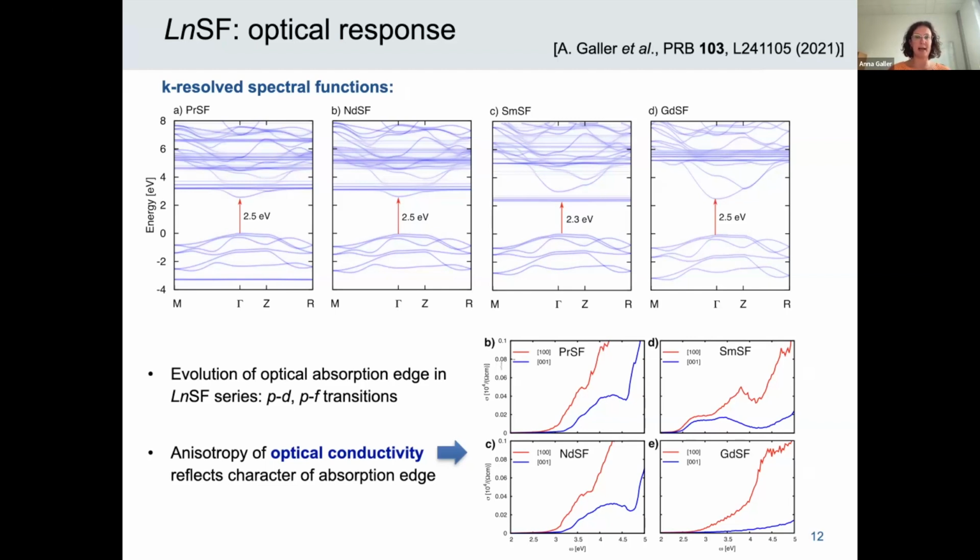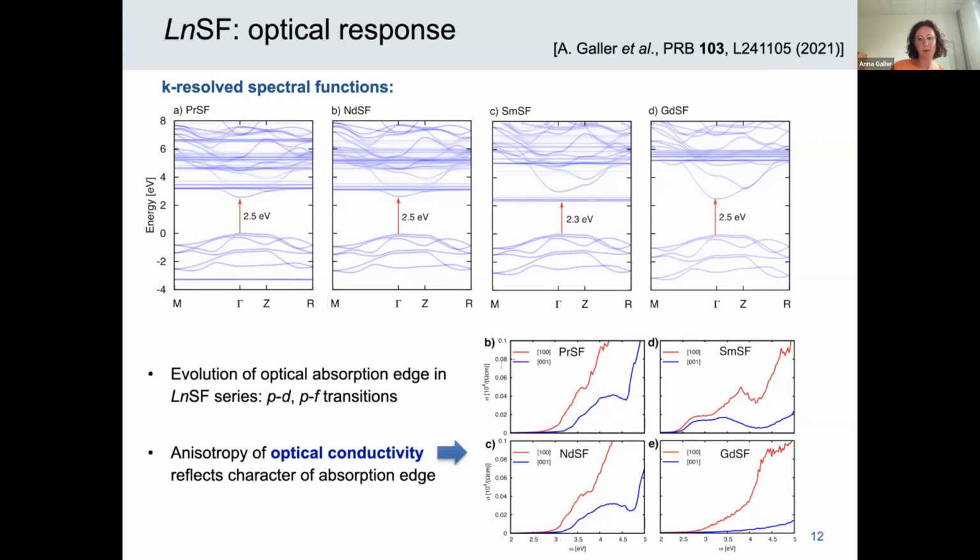And it turns out that this character of the absorption edge, so if it is a pd absorption edge or a pf absorption edge, can also be seen in the optical conductivity. So what I computed here in the second plot, in the bottom right corner, are the computed optical conductivities for praseodymium, neodymium, samarium, and gadolinium fluorosulfide.